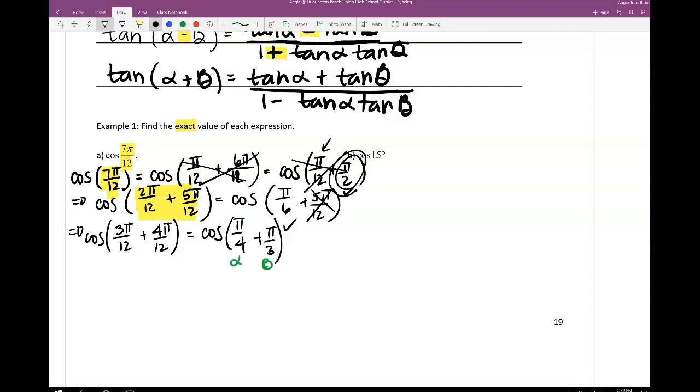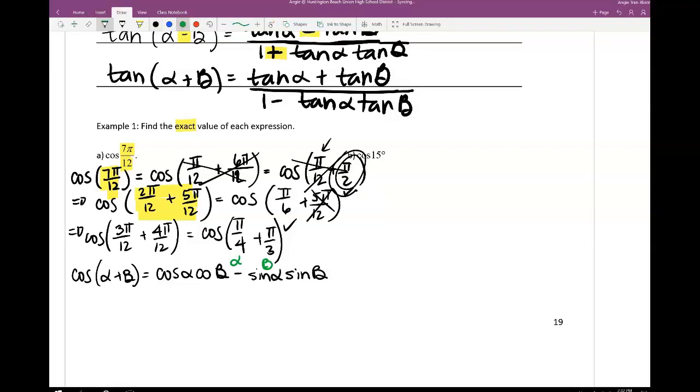The sum and difference formula says, here we go, cosine of alpha plus beta equals, can you tell me what the formula is? Cosine, very good, of alpha times cosine of beta. So far so good. We are adding, so in cosine, this is the opposite: sine of alpha times sine of beta, okay?